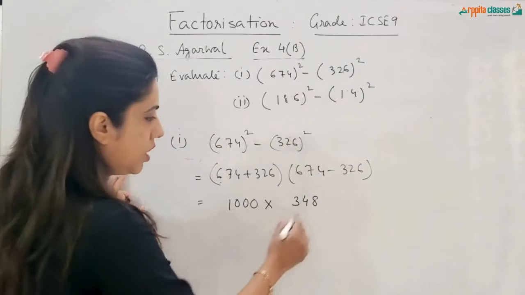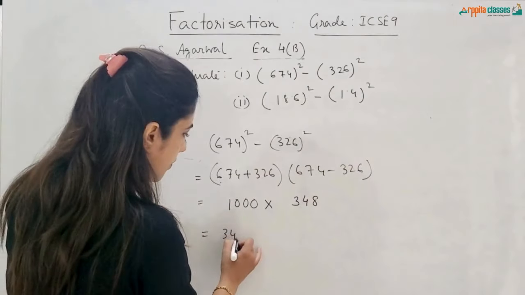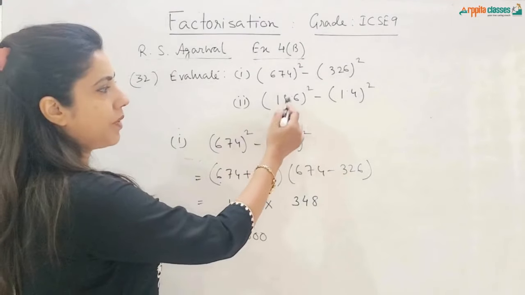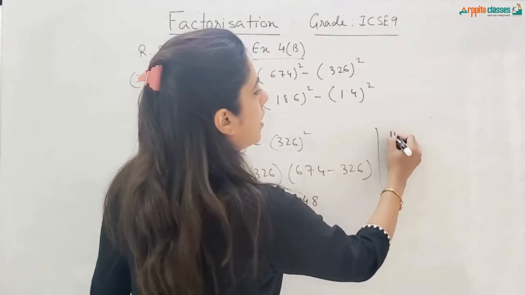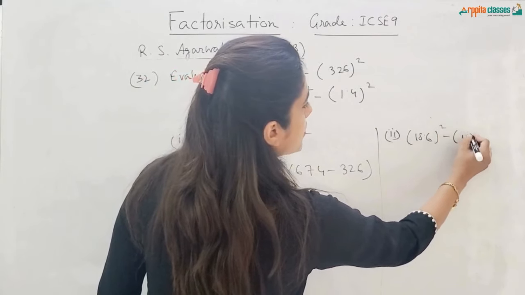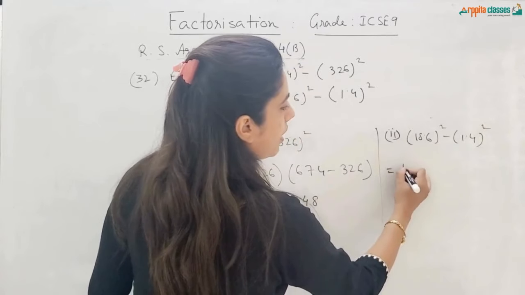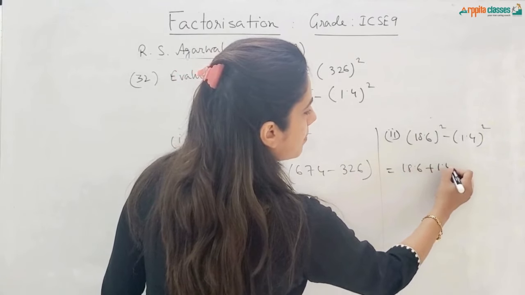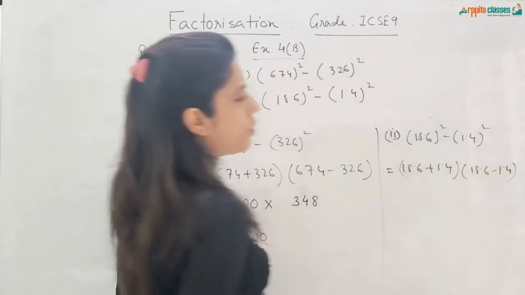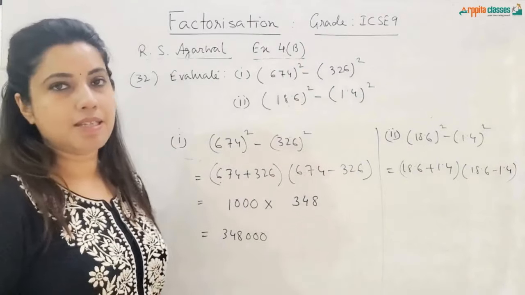Yes, 348. So 348 into 1000 is 348,000. In a similar manner we have to do this one. For this question, I will not do the calculation. You can do the calculation. I am just writing it, a square minus b square, so it is a plus b into a minus b. Once you do the calculation, you get this answer.